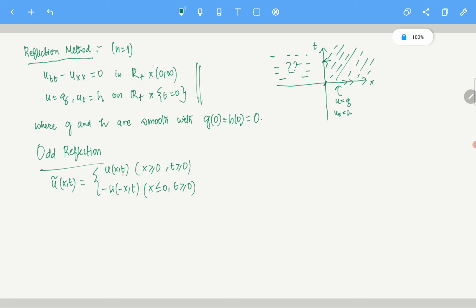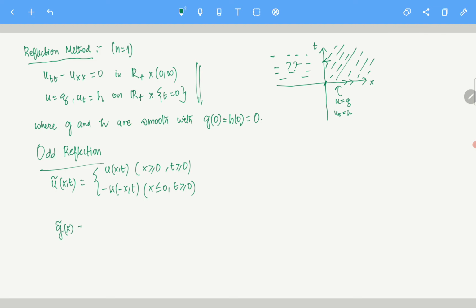If you are approaching 0, t naught, then u at the point 0, t naught equals minus u at the point 0, t naught. So in the limit, that will give you u at the point, in this line, it is going to be 0. You understand what I'm trying to say? Because u at 0, t naught is going to be 0.